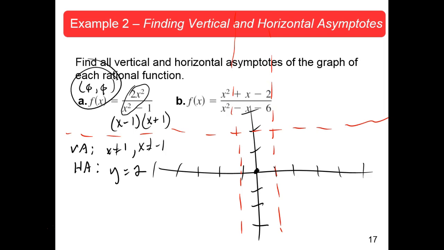Now, this may be a little beyond what you're used to, but believe it or not, you can tell what's going on. Here we know we have a point, and the function has got to go either up or down from there, because that's the only x-intercept.